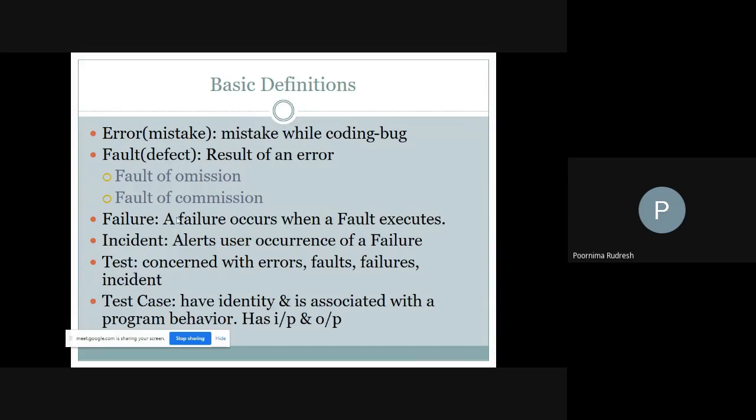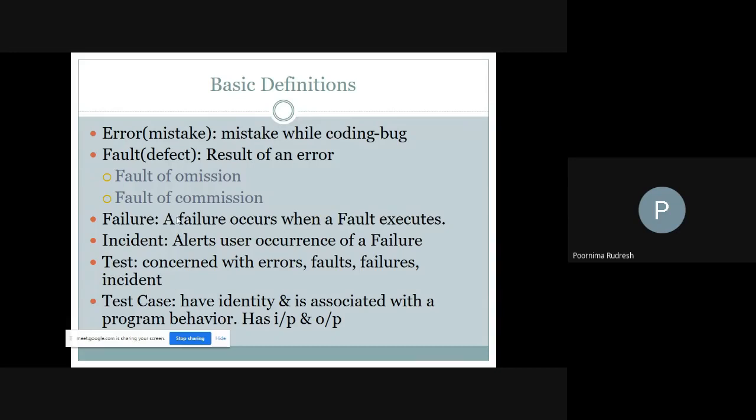When a failure occurs, it may be visible to the user, or to the customer, or to the programmer, or it may not be visible to the user. An incident is the symptom associated with the failure.